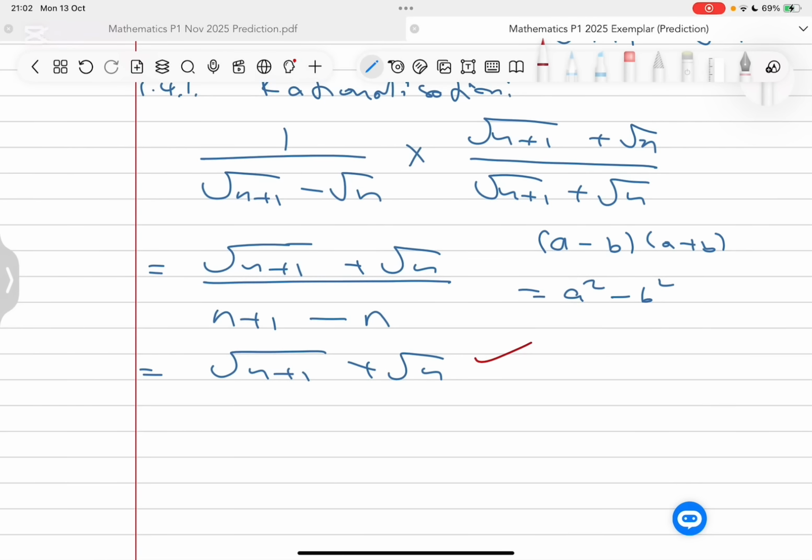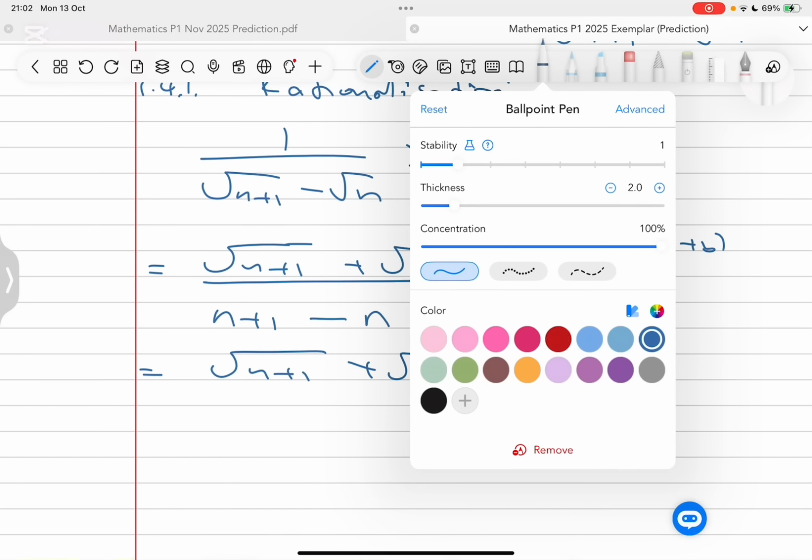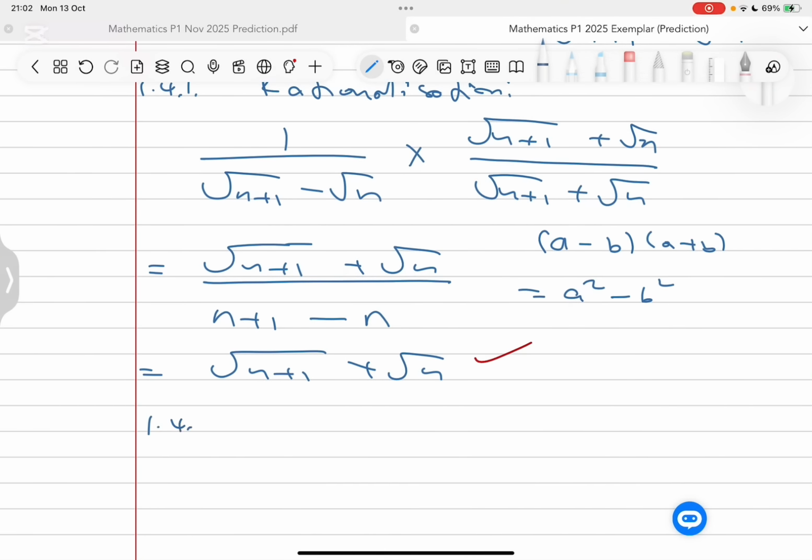So it means this expression has the same pattern as this expression. So for me to solve this question, I'm going to be clever enough to say I see the same pattern as what we have done at the top. If I'm given 1 over root of 6 minus root of 5, this can be written as the root of 6 plus the root of 5, because I've proved it in the previous question that you just add the two roots.